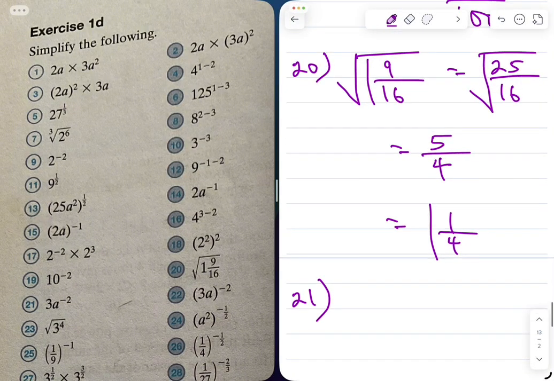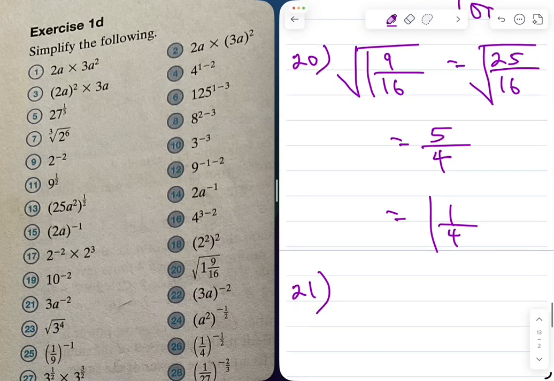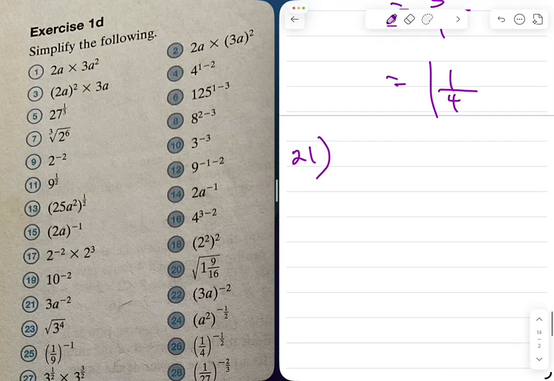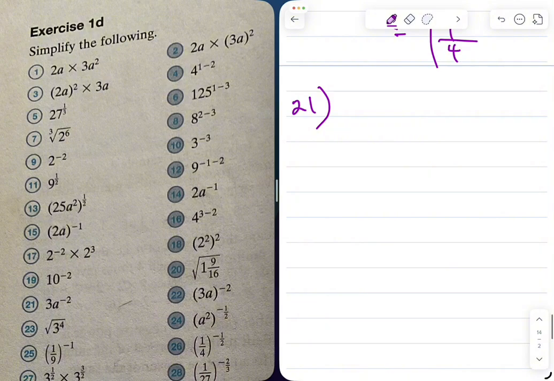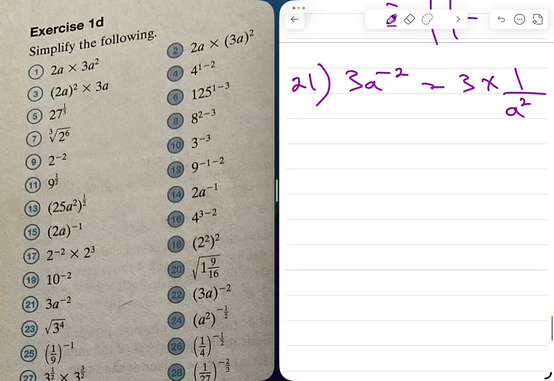I'm writing it as 1 and 1 over 4 because the question is also written as a mixed number. Now 21 is 3a raised to power minus 2, which simply means 3 times a raised to power minus 2, which is 1 over a squared. So this is the same as 3 over a squared.